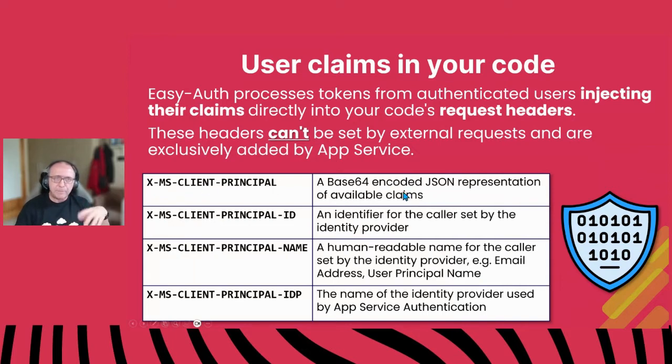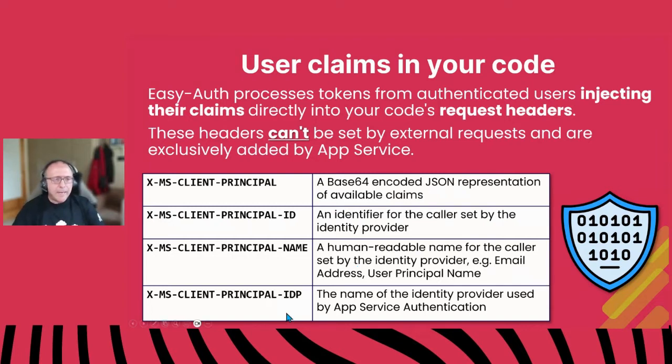X-MS-CLIENT-PRINCIPAL contains the token. Basically, I will show you in a while. Principal ID obtains the identifier for the caller, so the ID in the platform, in the identity provider. The name is human readable, so you have the ID for the user and the name. Depending on the identity provider, the name can differ. Sometimes you have name and surname, in other platforms you have the email.